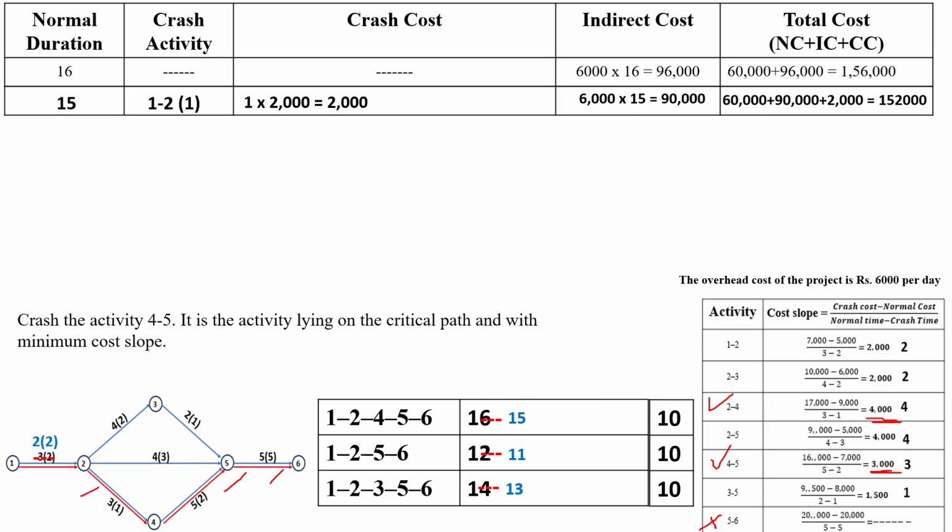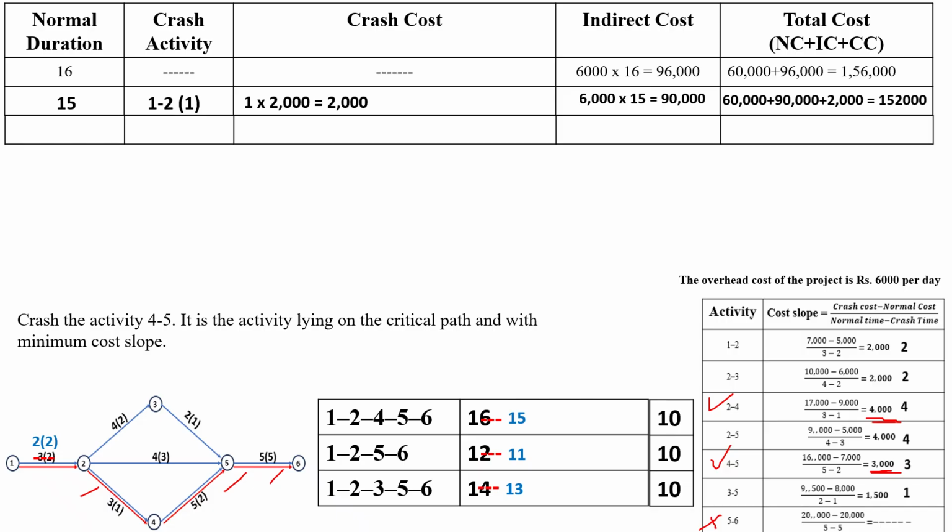So we have to select the critical activity 4 to 5 and crash it. It is the activity lying on the critical path with minimum cost slope. So you have to go for crashing of activity 4 to 5 by 1 day.